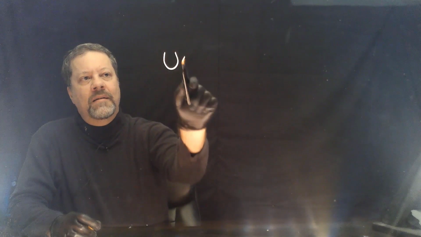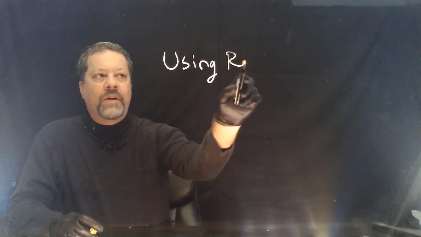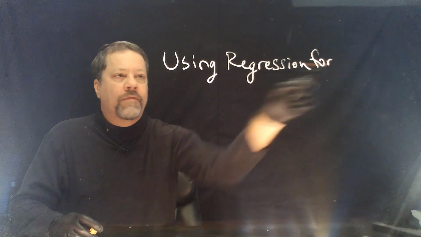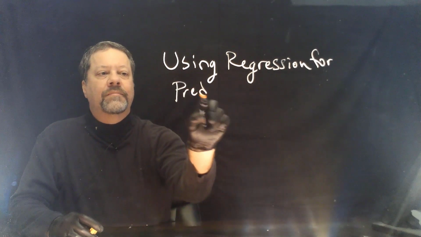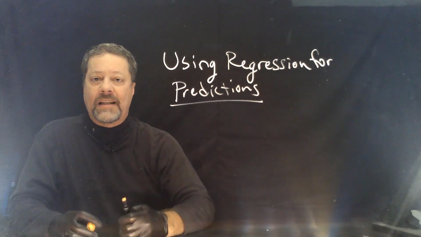As we saw with these galaxies, the distances versus recessional velocities, we can use, say, the distances to predict what the recessional velocity will be for a given galaxy. What are the conditions for using regression for predictions, much as we did with the last data?